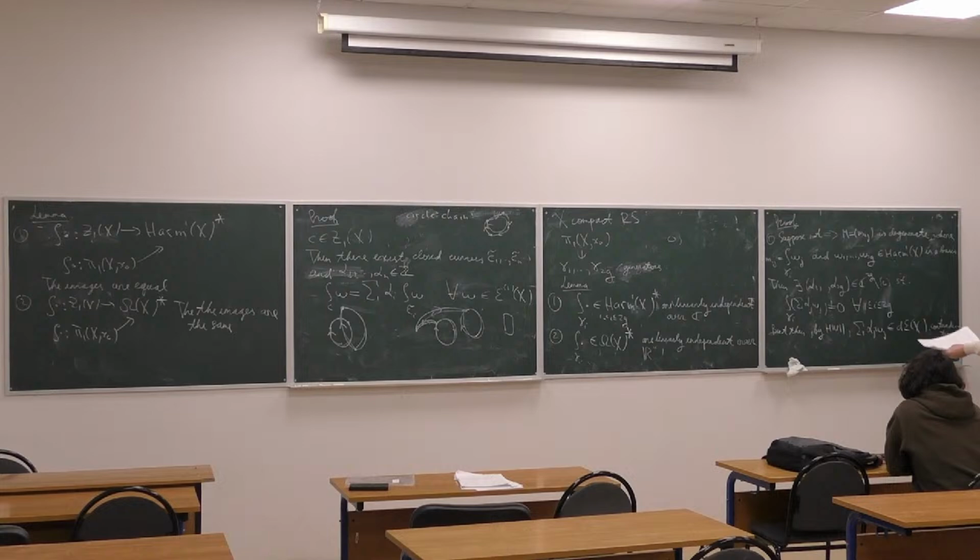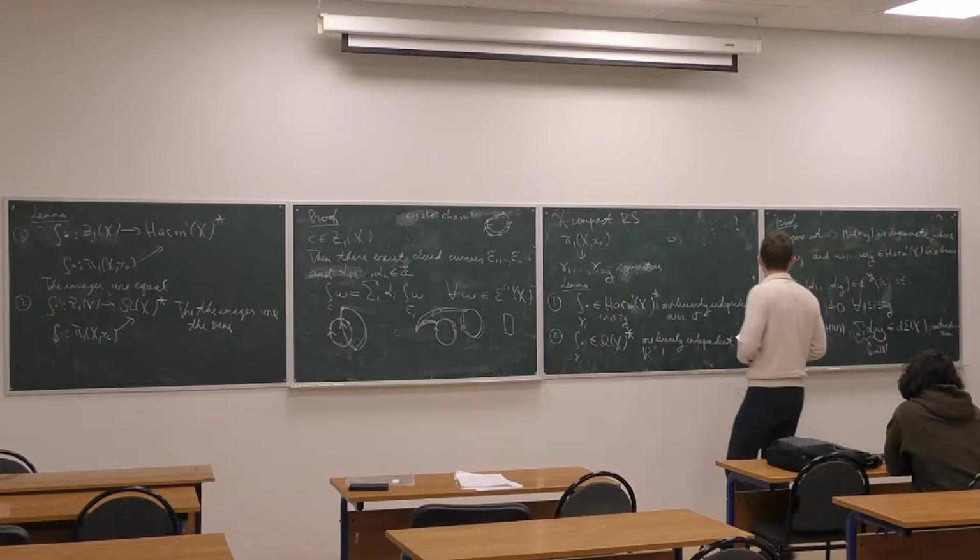Because this form is a harmonic form. But we proved that actually the space of harmonic forms is orthogonal to this guy. So they have a zero intersection. So it's a contradiction.